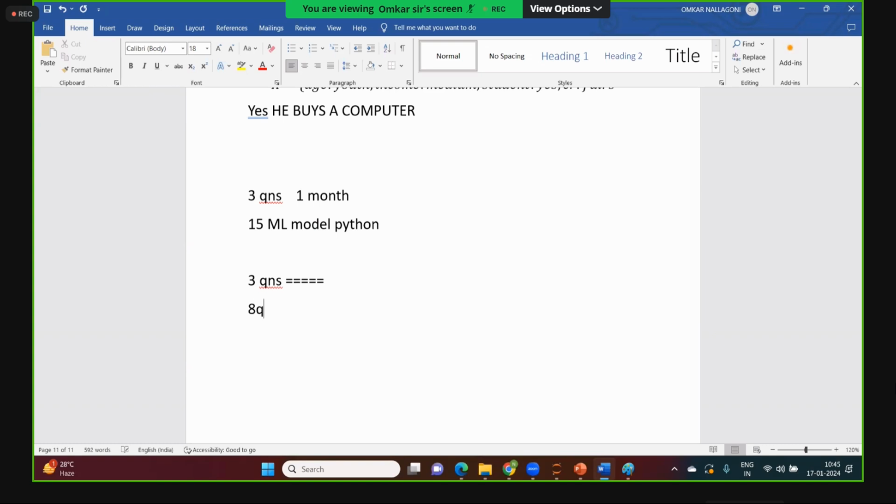There are 8 questions. Everyone will pick 3 questions and submit them as an internship program to get the certification. In 1 week only, we will do all the ML with Python.